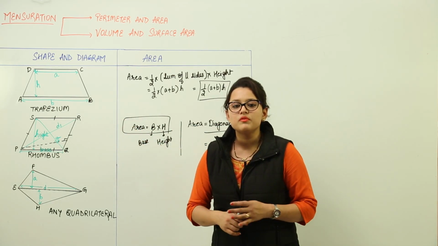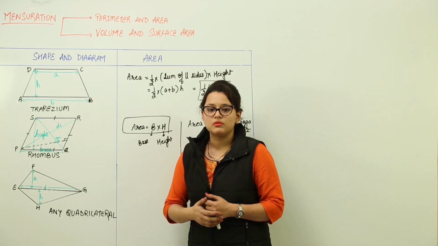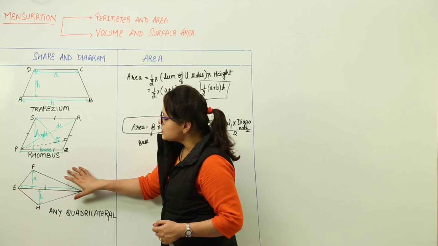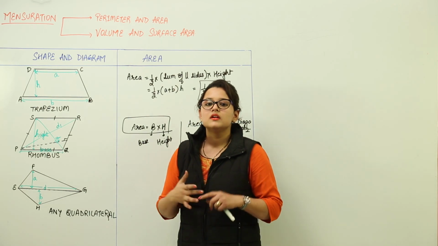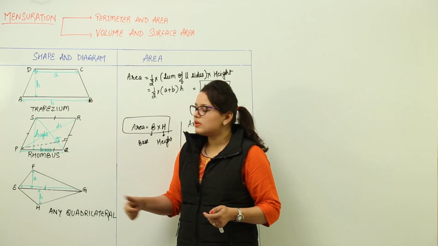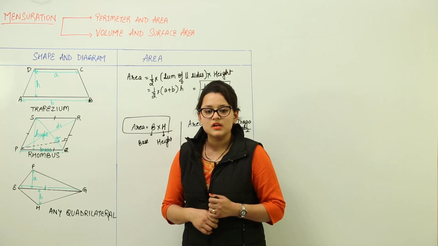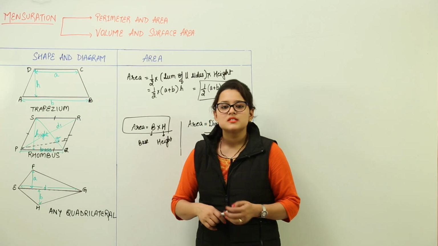Now that was the particular cases. What would you do if you are given any four-sided shape, or you can say any quadrilateral? Say this is one example taken. I have this shape which is neither a square nor a rectangle, neither a trapezium nor a rhombus, not any of the four-sided shapes that we have studied up till now. Then how will you calculate the area for such figures?